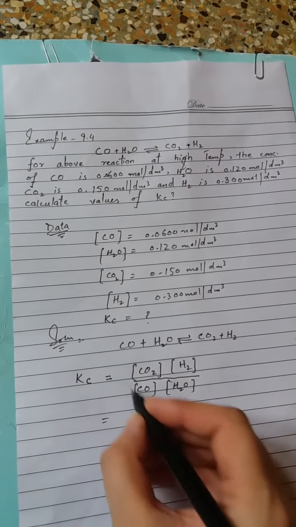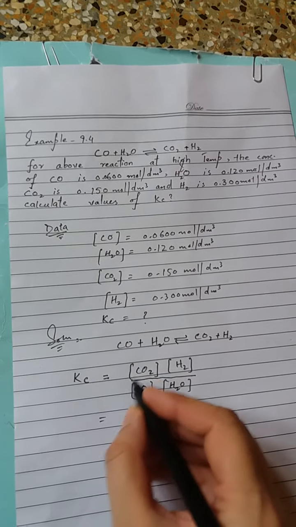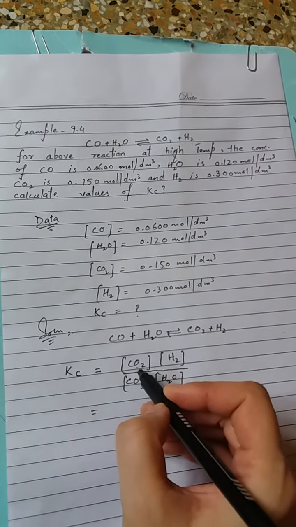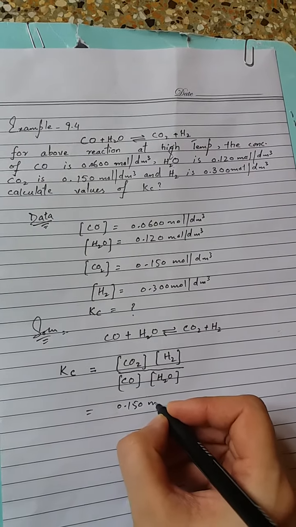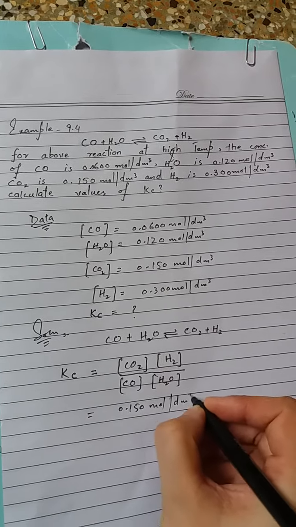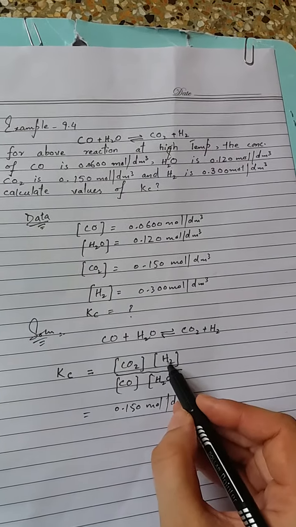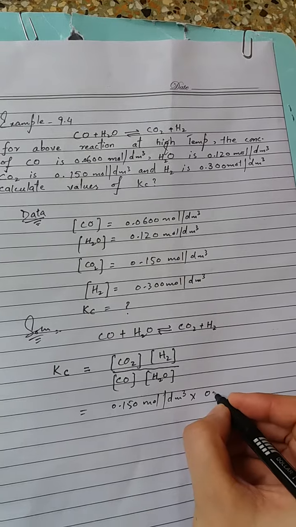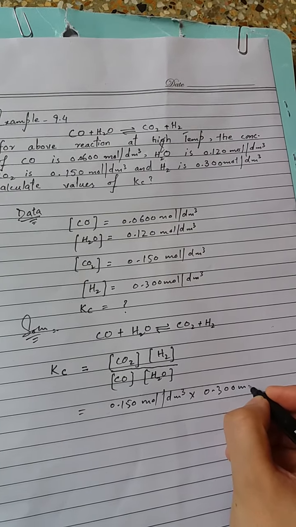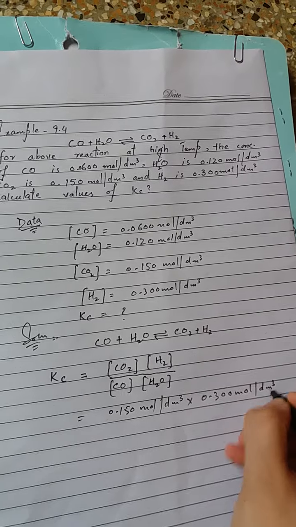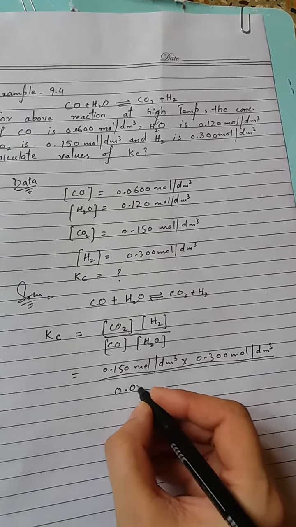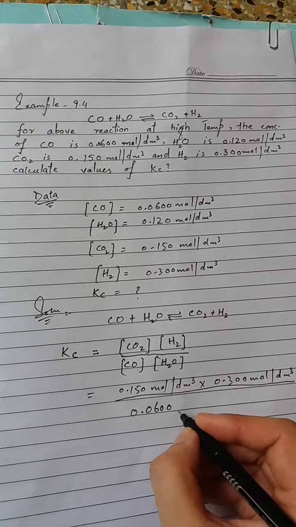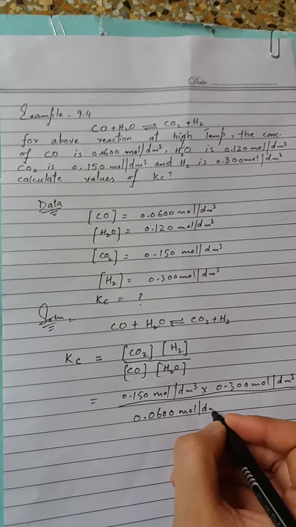Now we put the values of these products and reactants in this equation. So we will write a concentration of CO2, which is 0.150 mole per decimeter cube, multiplied by concentration of H2, which is 0.300 mole per decimeter cube, divided by the concentration of CO, which is here 0.0600 mole per decimeter cube.